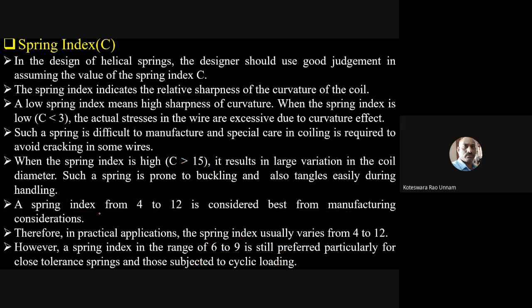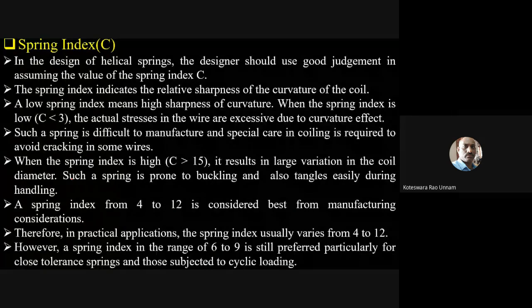So this is about spring index. Spring index is nothing but the ratio of mean coil diameter to wire diameter. When the spring index is very low, it creates a high sharpness of curvature in the spring. Due to that, there will be stress concentration, which will produce higher stresses than the actual or nominal stresses.